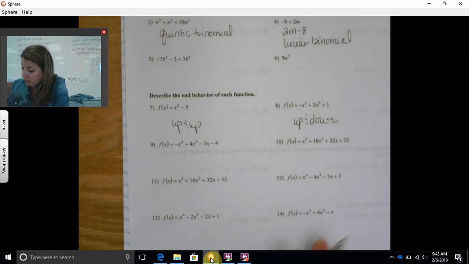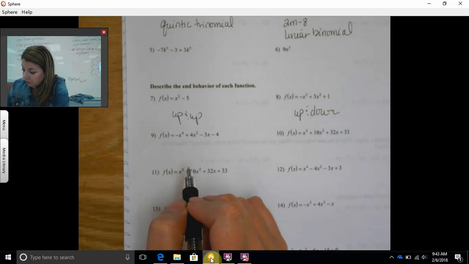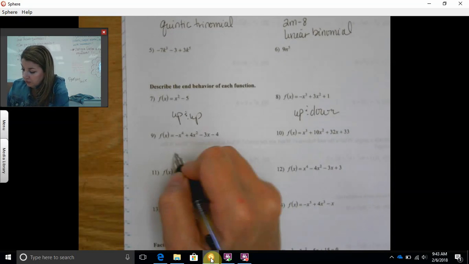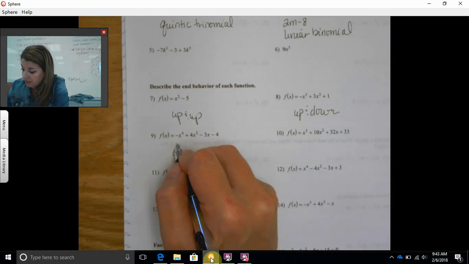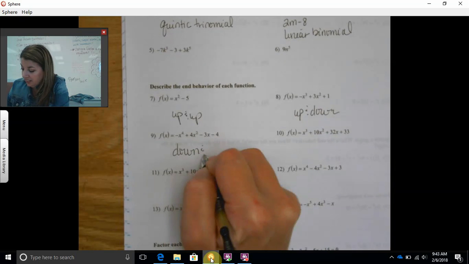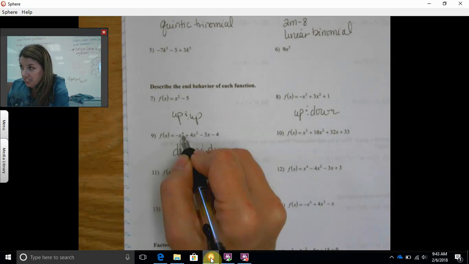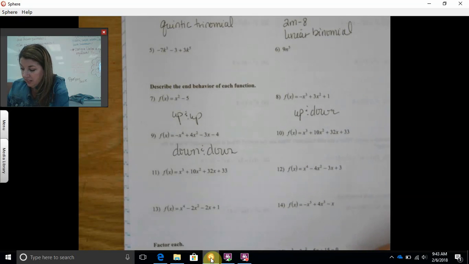What would number 9 be? Down and down. Again, if my exponent's even, it's same direction, either up, up, or down, down. Since it's negative, that would be a down and a down.